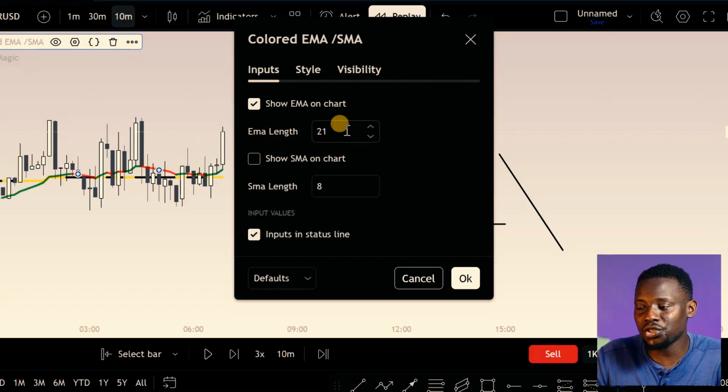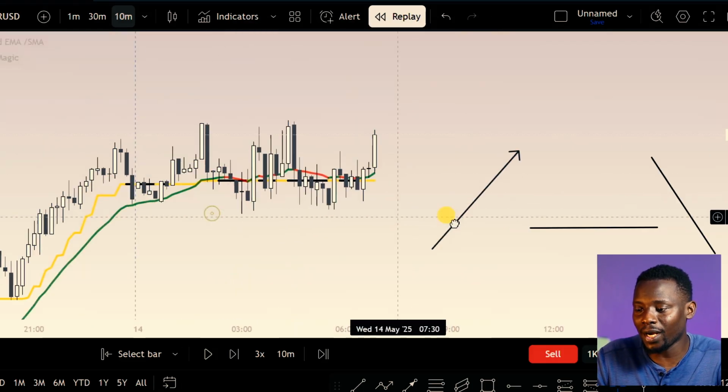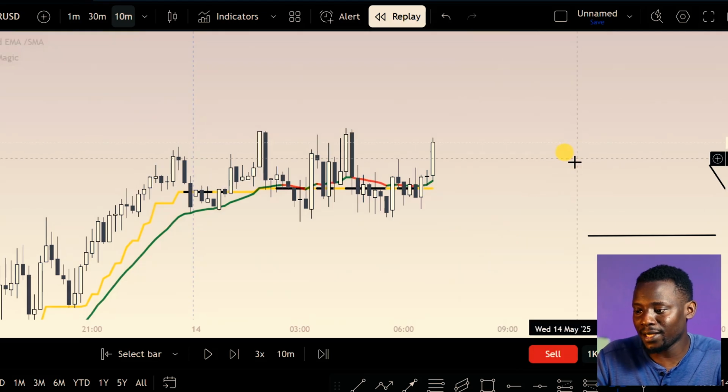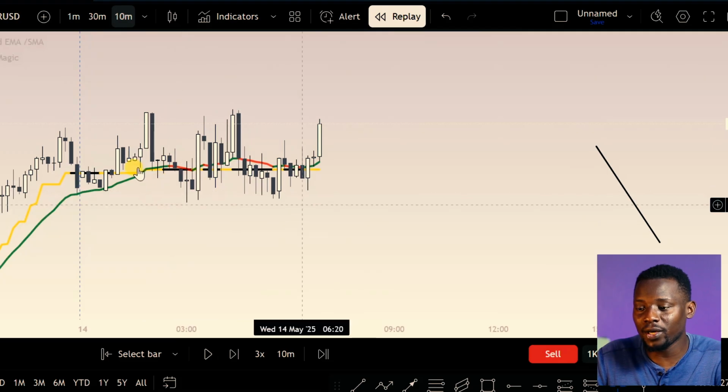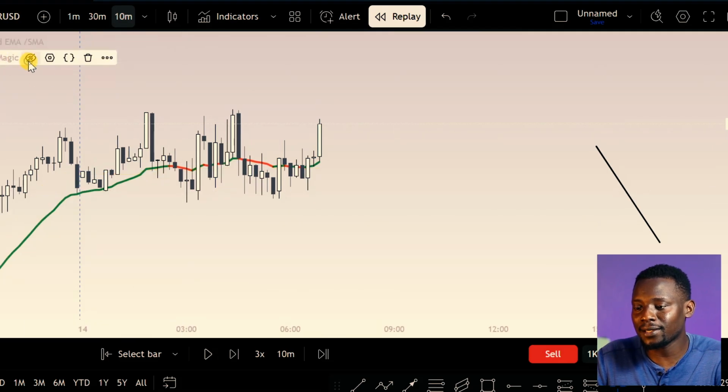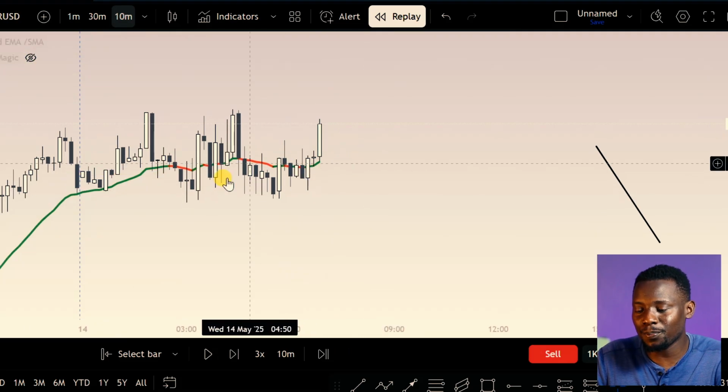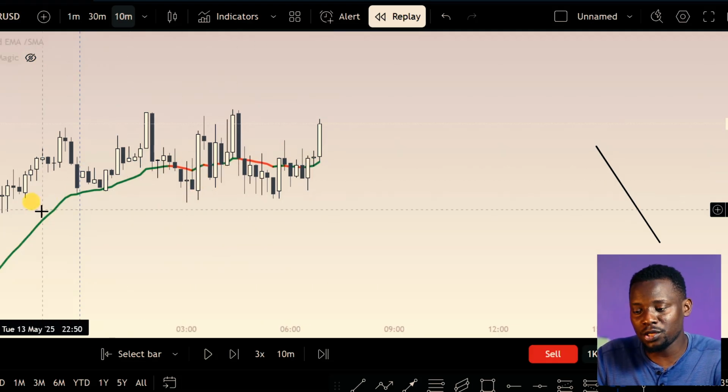So you change your settings, click OK, and have your chart looking something like this. How you trade this is you want to enter your trades especially once price crosses this 21 EMA.